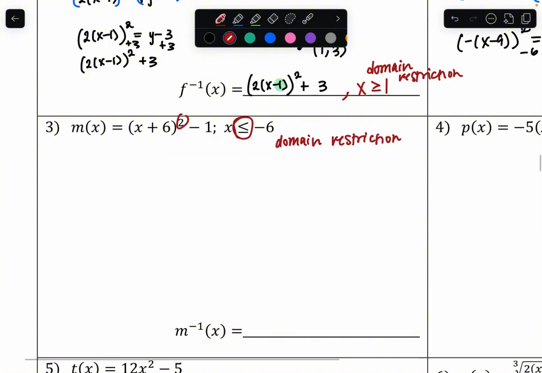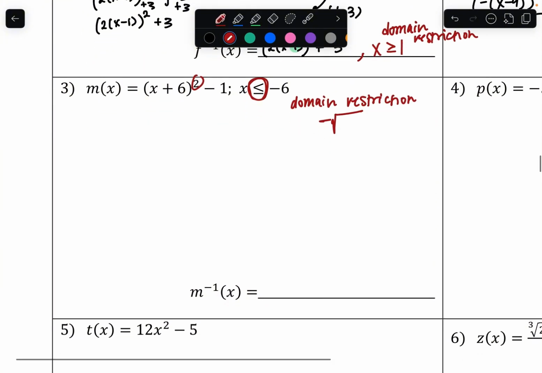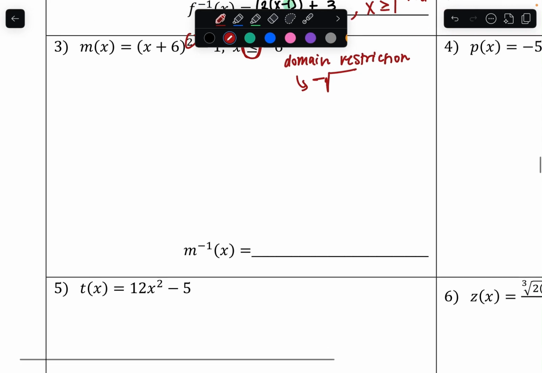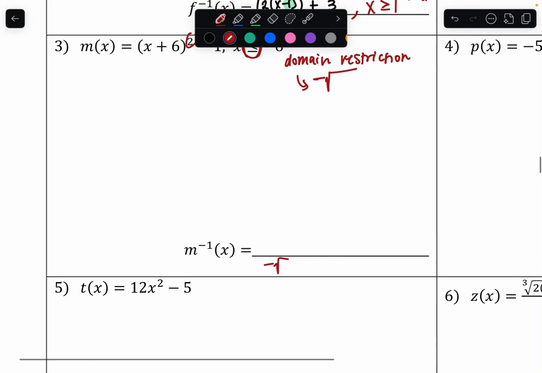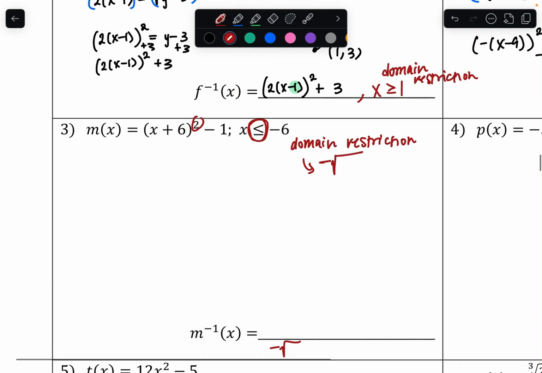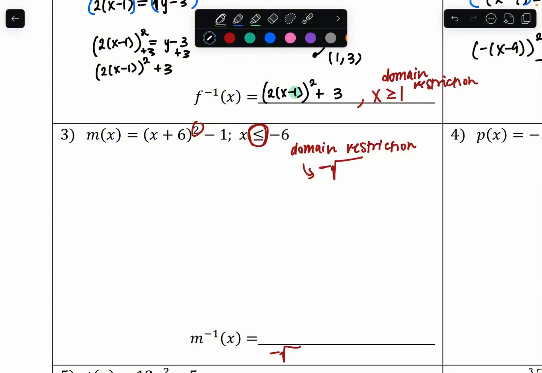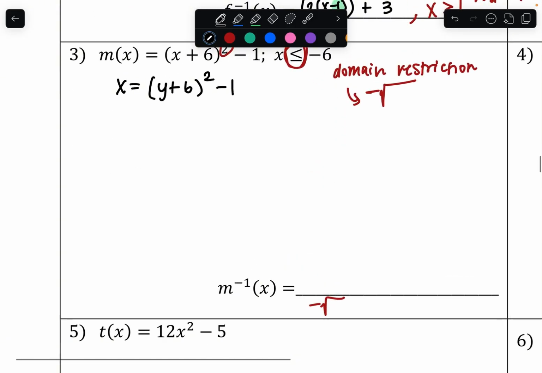So because we have the less than, that means we're going to have a negative square root for our final answer. Okay, and so just kind of keep in mind that you're going to have a negative square root. So same steps, switch your x and y. And then we are going to add 1 to both sides.